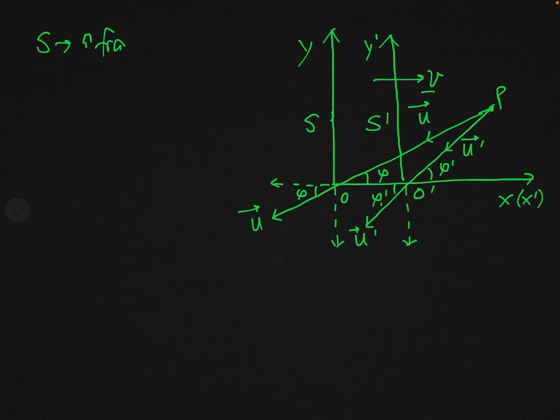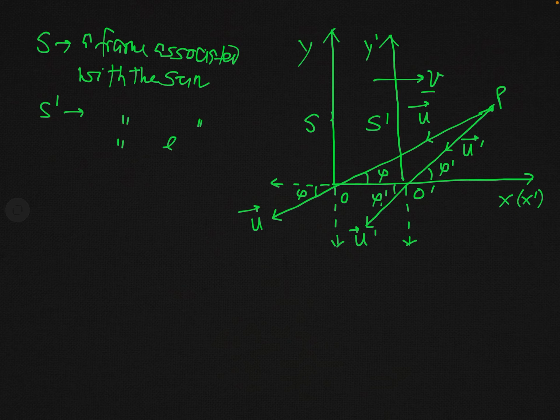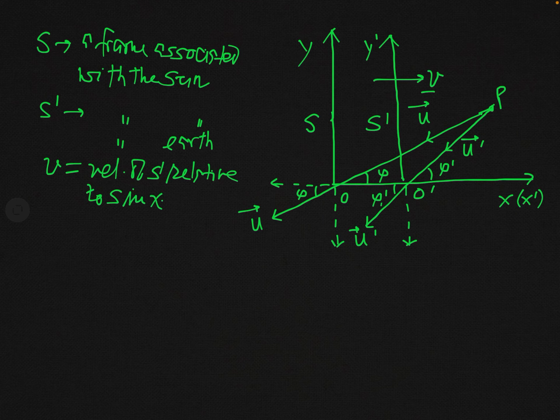So here I have assumed that S is a frame associated with the Sun, and S prime is a frame associated with the Earth, and v is the velocity of S prime with respect to S in the x direction, or you can say the common x direction, because the x-axes of both frames coincide here.